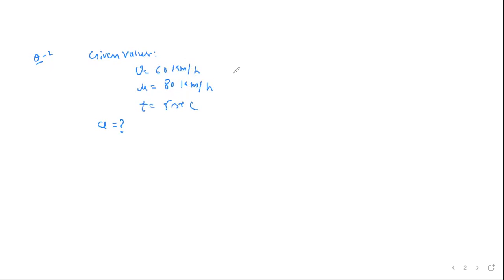Now we will play a little smart. So we will first calculate change in velocity. Change in velocity is how much? Final, which is 60, minus initial, which is 80, which is minus 20 kilometer per hour.